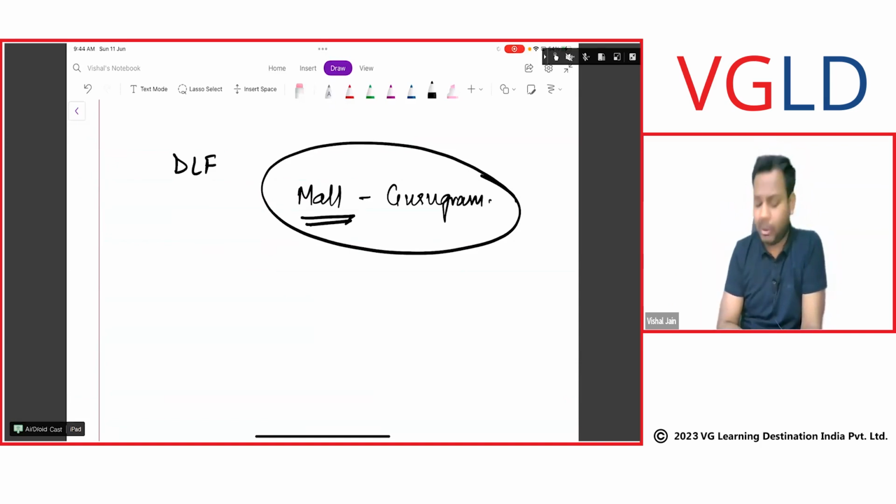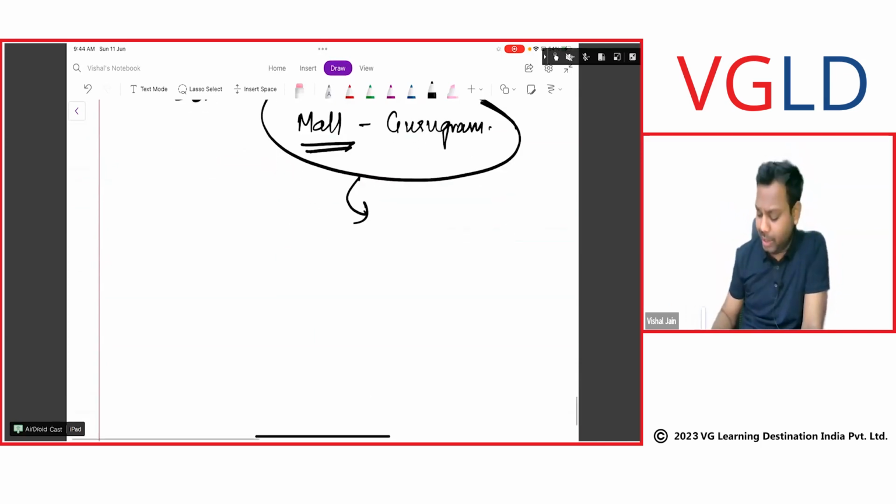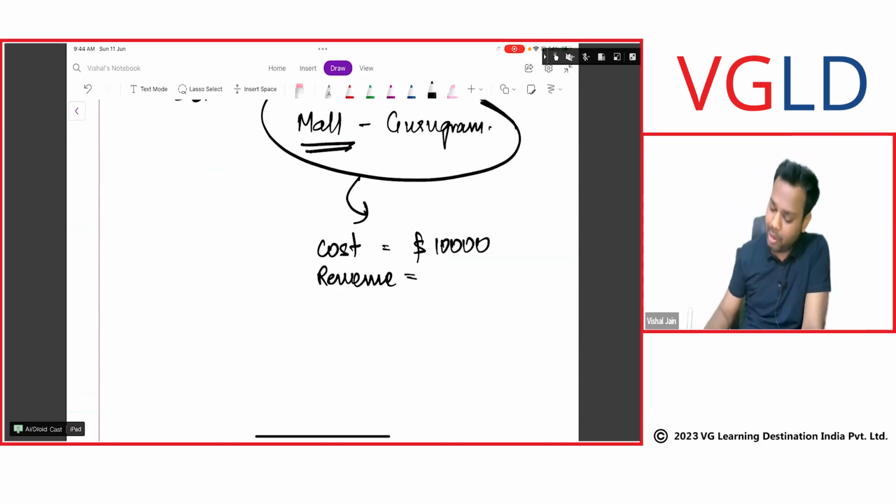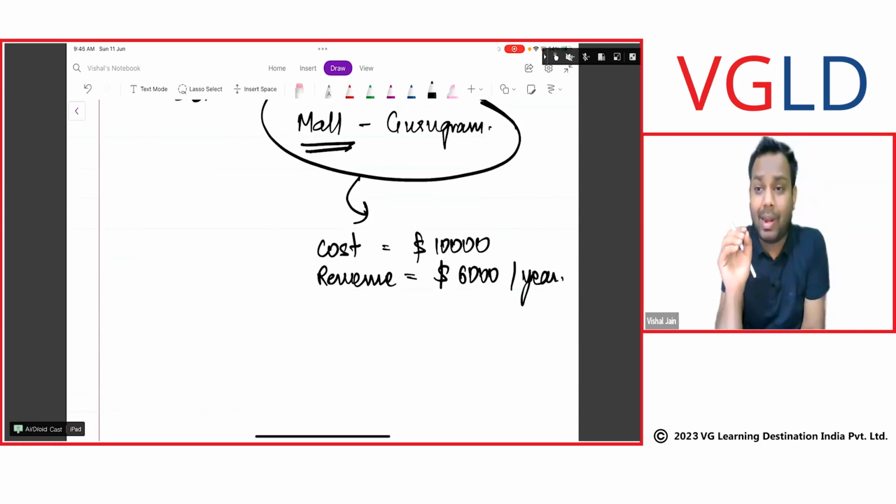To make these arrangements, it incurred a cost of, let's suppose, $10,000, and it started generating revenue of around 6,000 per year, when the mall was halfway under construction.